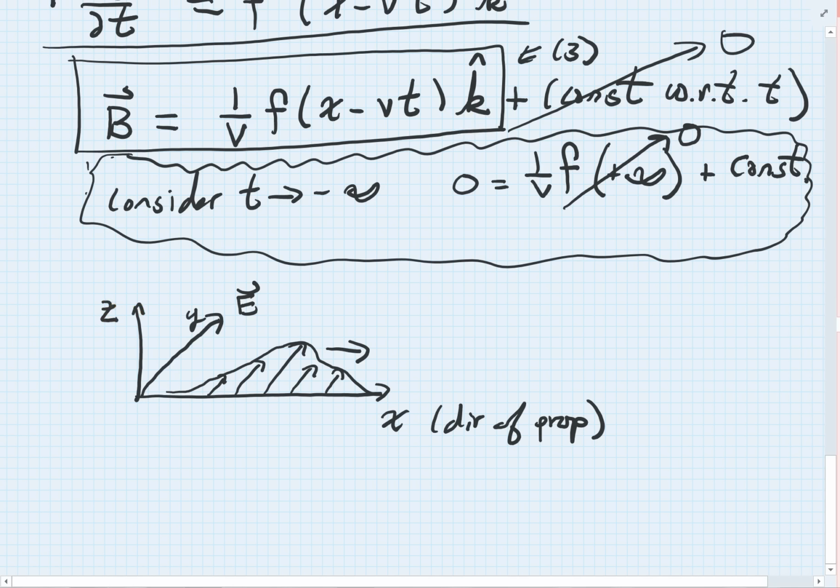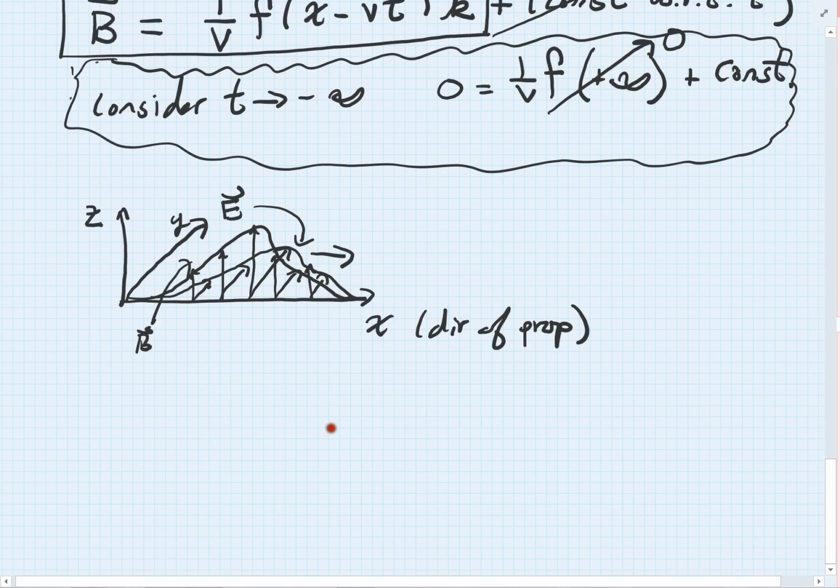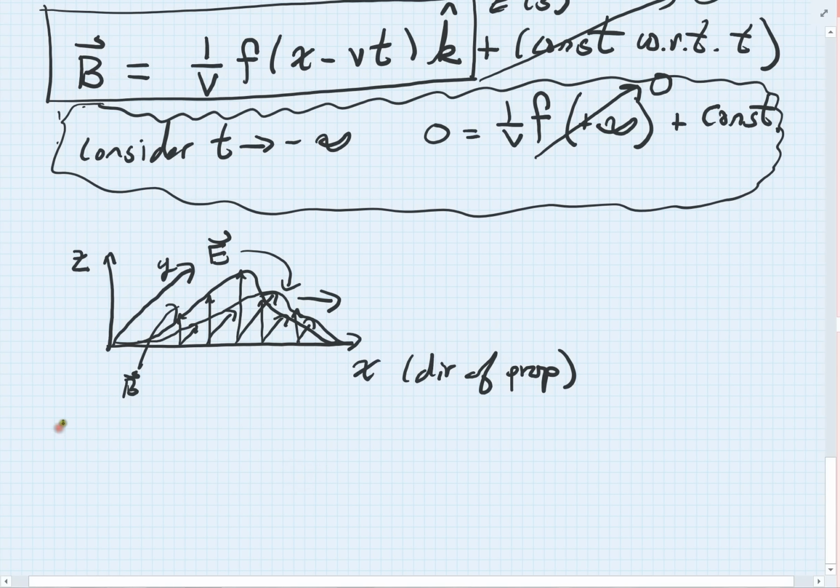And the interesting thing is that the magnetic field has exactly the same shape as the electric field, but it's pointing along z, and it's reduced in magnitude by whatever this velocity is. So I'm just going to try to draw some magnetic fields. So this is what the magnetic field might be doing. So this is E in that direction and B in that direction.